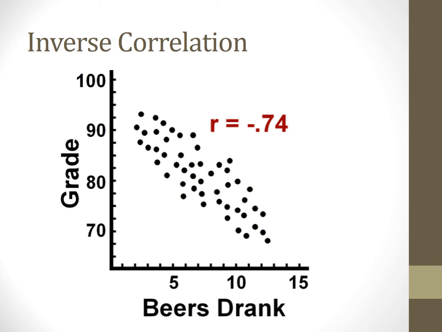So the inverse relationship is the higher the grade, the fewer beers consumed. It can be stated another way: the lower the grade, the greater the number of beers consumed. It's a negative correlation. As something goes up, something else goes down, or vice versa.